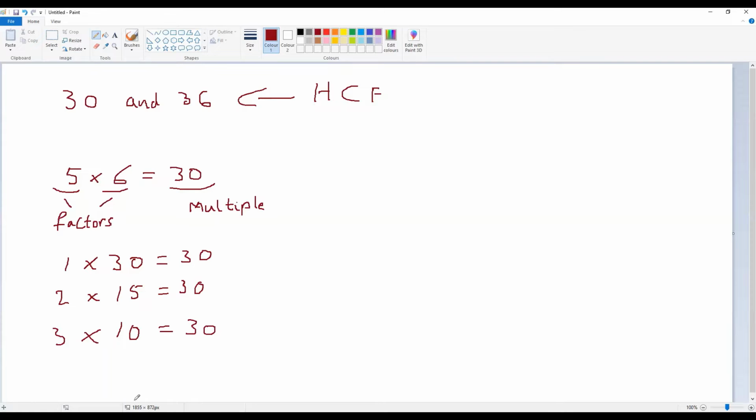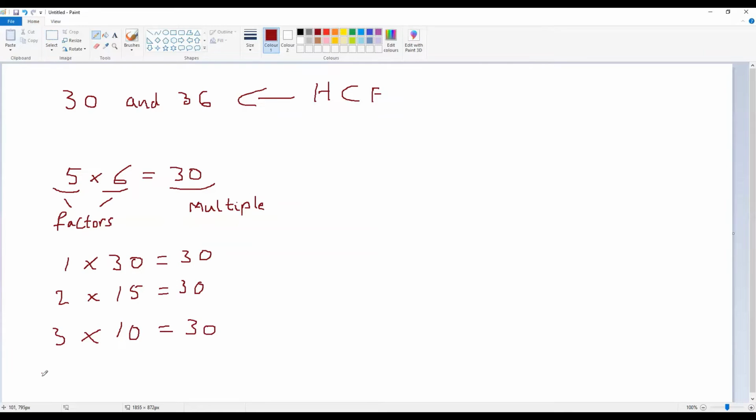Well, that tells you that all these numbers are factors of 30, because these are numbers that you can multiply with another number to give you 30. So these are factors. So we can list them out. If we wanted to list all the factors of 30, we could list them out like so.